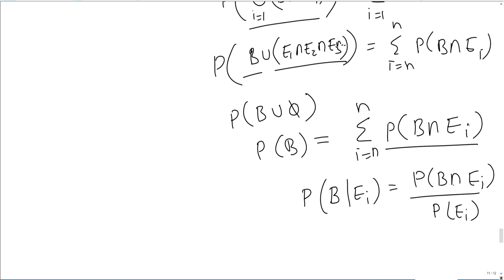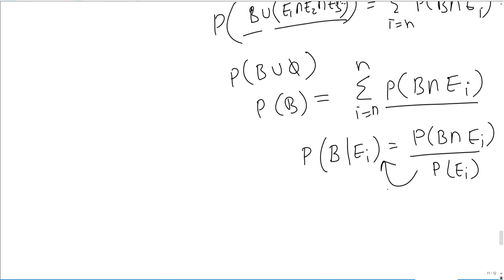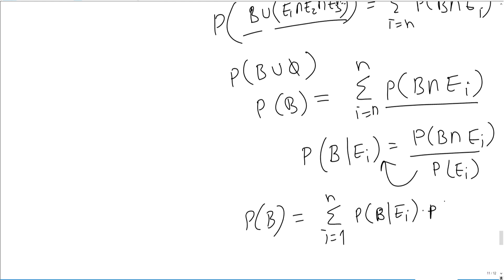Okay. So, probability of B intersection Ei would be probability of B given Ei into probability of Ei. Okay. So, what that would give you is this, that probability of B can be written as summation across, sorry, i is equal to 1 to n, summation of probability of B given Ei into probability of Ei.